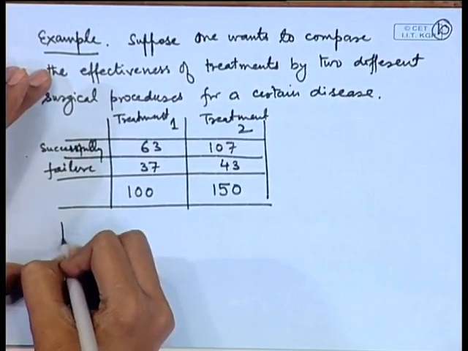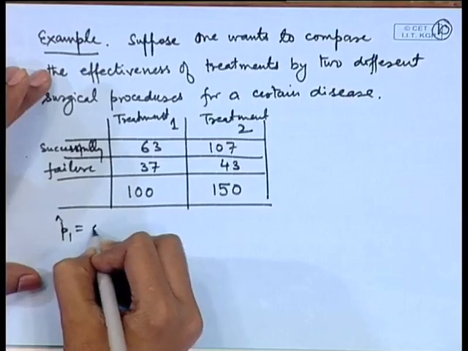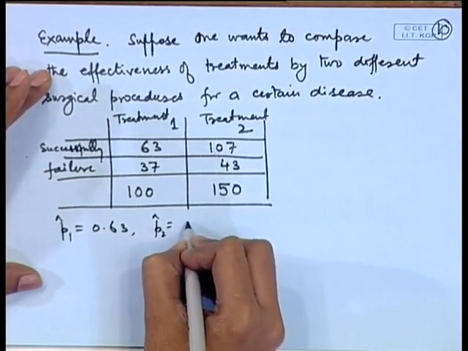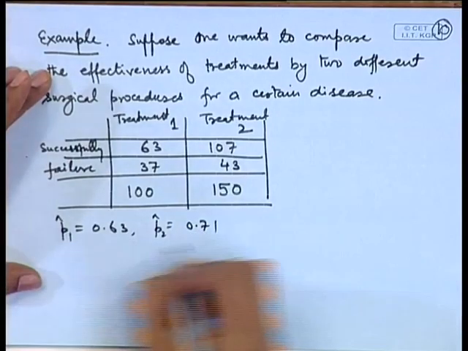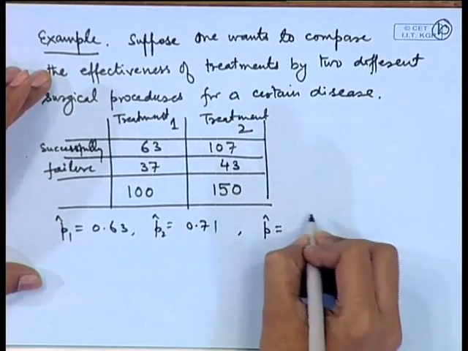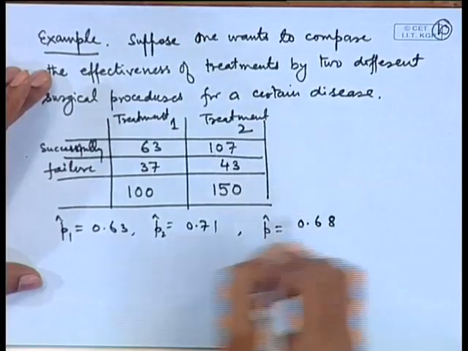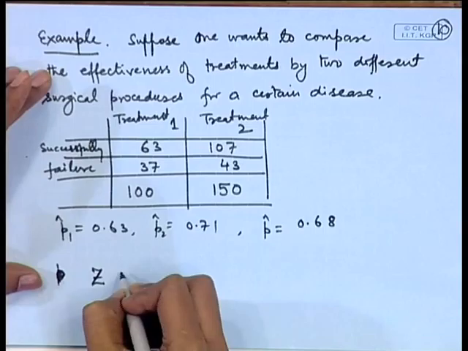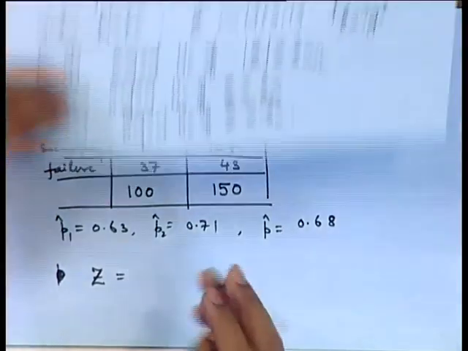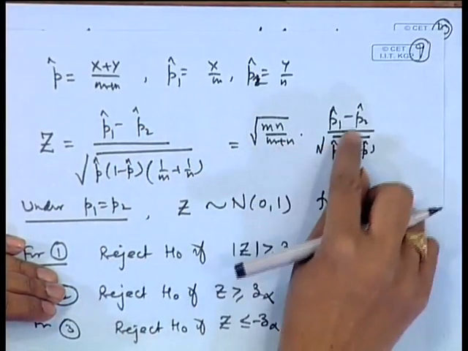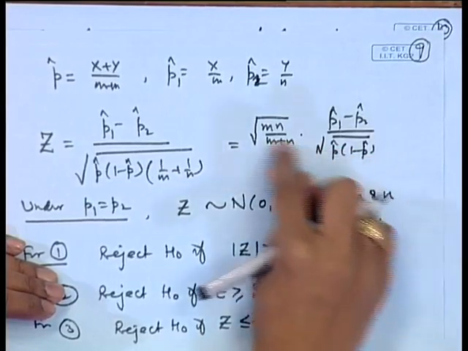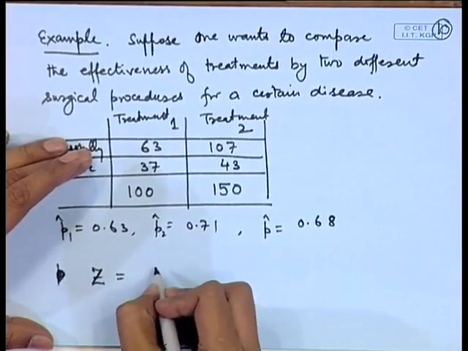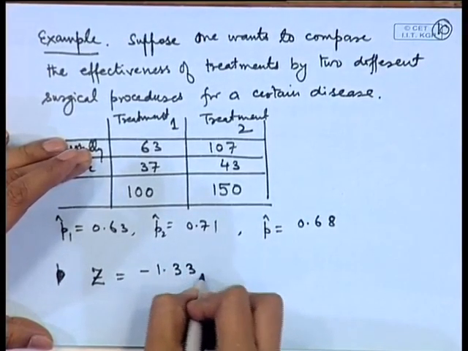That means, on them the surgical procedure did not yield any positive result. Let us look at the proportions here. P 1 hat is 0.63, P 2 hat is equal to 0.71 and P hat is equal to 0.68. So, if we calculate the Z statistic here, that is P 1 hat minus P 2 hat divided by root of P hat into 1 minus P hat into root m n by m plus n, this value turns out to be minus 1.33.